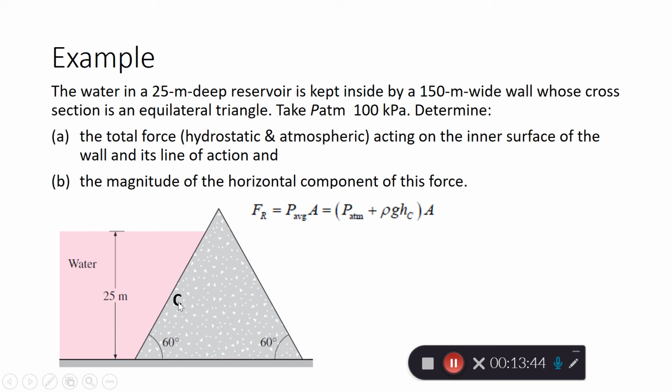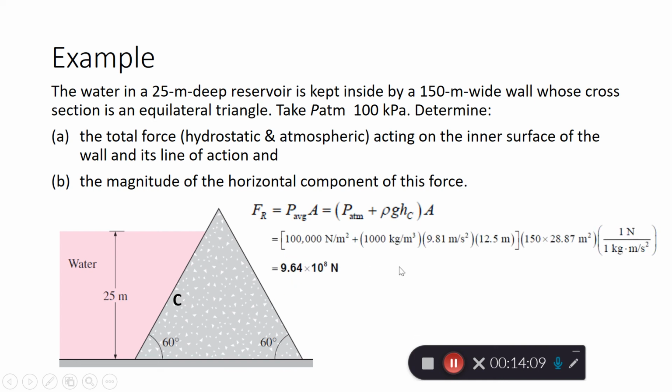C is the centroid of the wall, because assuming the wall is a rectangular wall, which normally a wall typically is, the center of the area will be at the center of the side here. So this should be your position for the centroid.